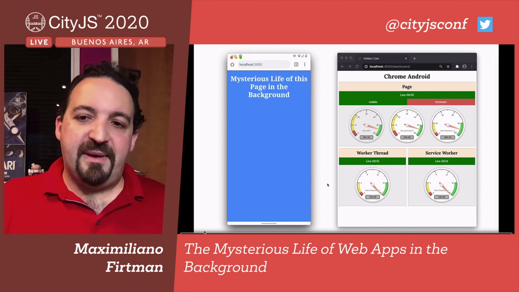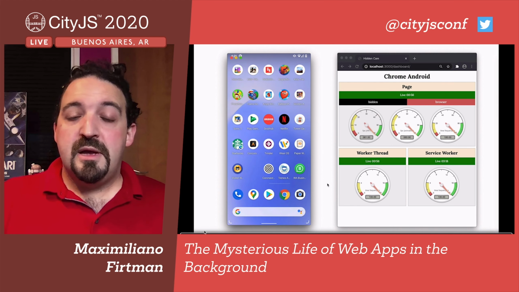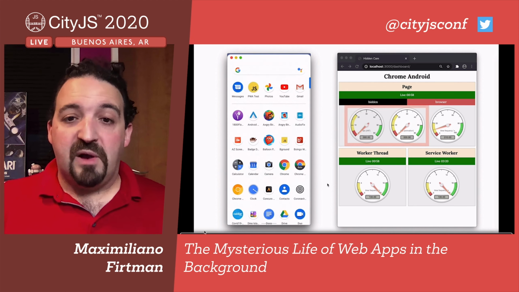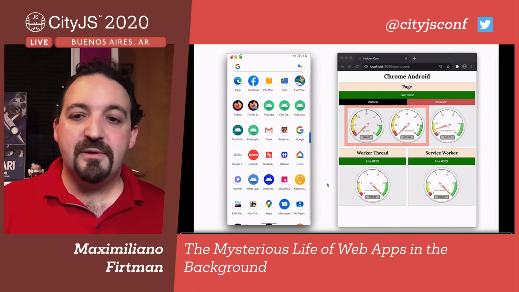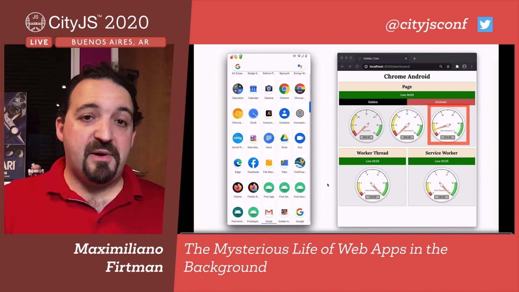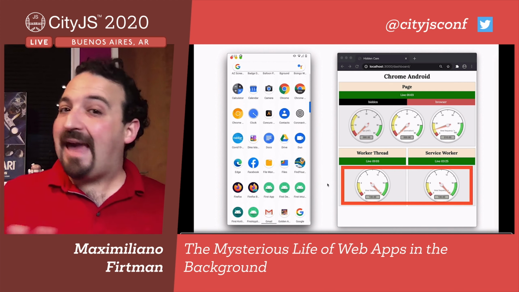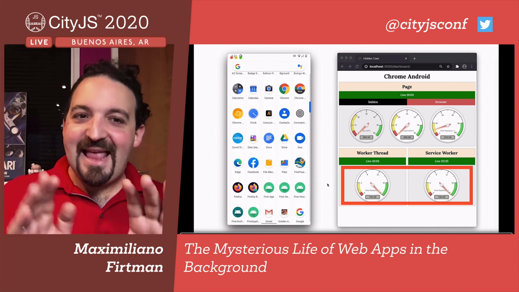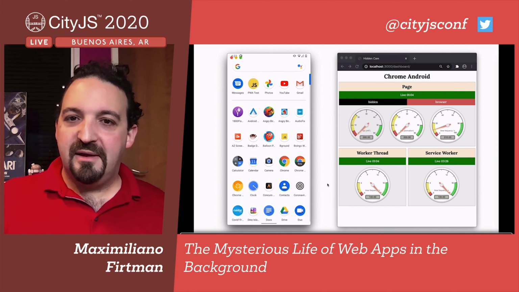And now let's see what happens when we go to the home screen. Now our PWA is hidden. Of course, frame rates are 0, so they are completely down. And the frequency of the timer is also throttled. The worker thread and the service worker are fully capable, so they're still executing code, even if you continue using your phone, okay?